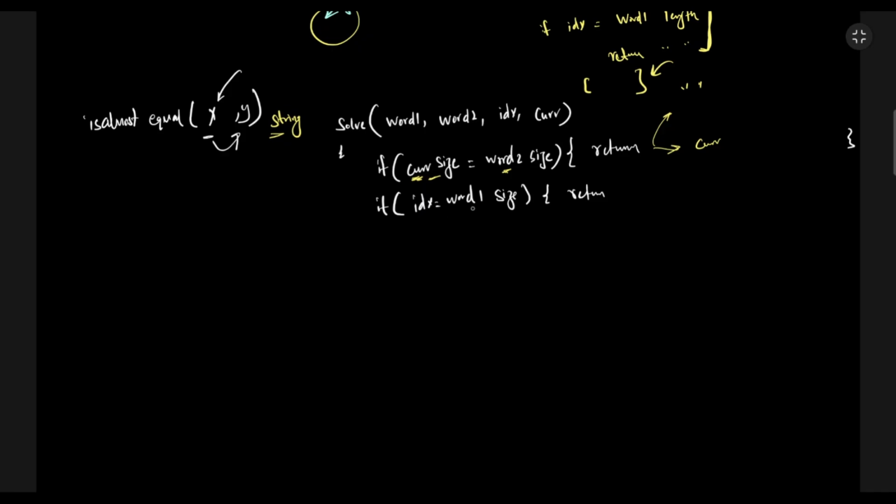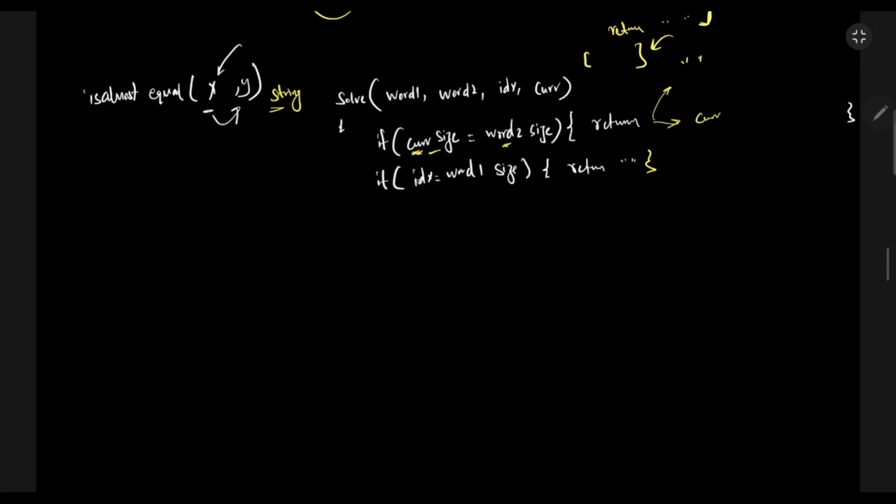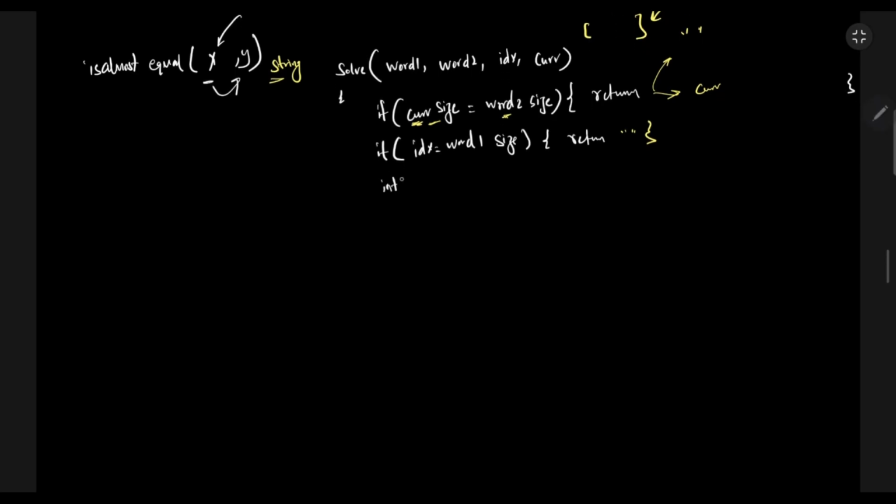Now if index equal to word1 dot size, then we will return an empty string. All right. Now for a particular index, we have two choices. Either we can take that one, let's say we have the string take and string not take.